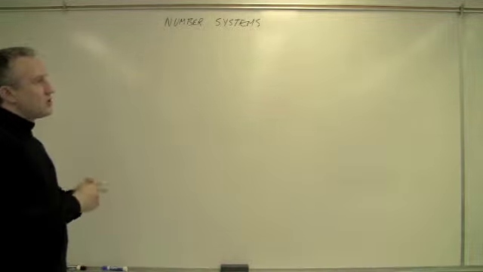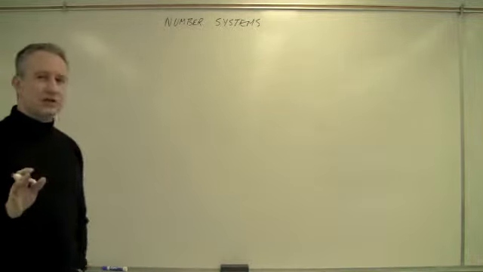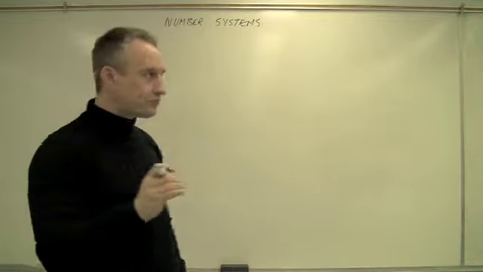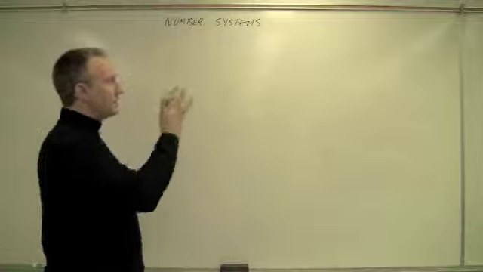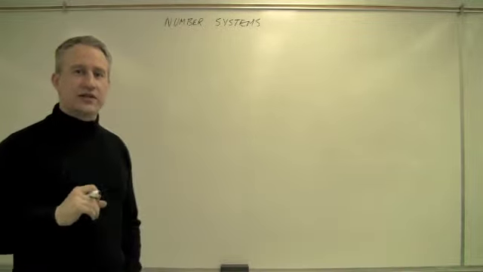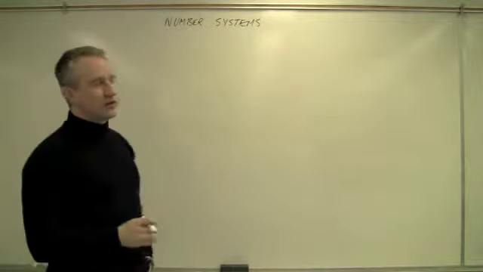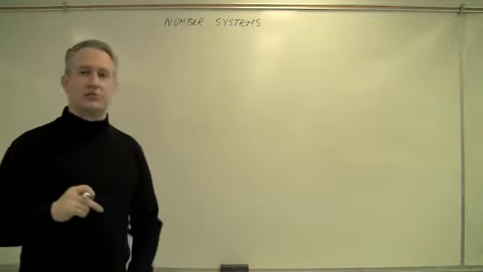We'll look at a few of these, and the method we're going to look at is repeated division. Just as the last system we looked at works for converting any number system into decimal, this will work for converting decimal into any other number system.